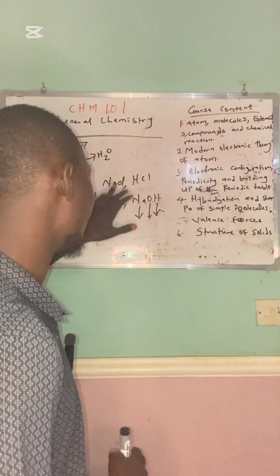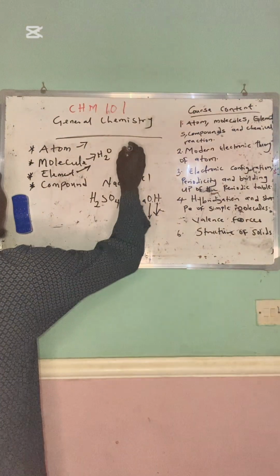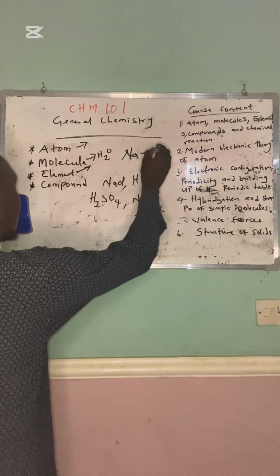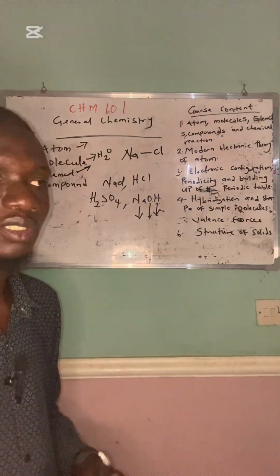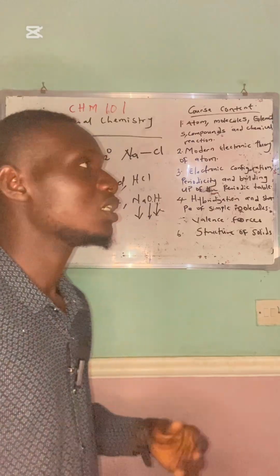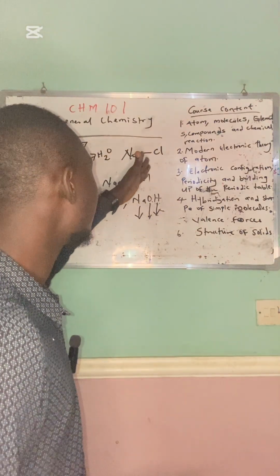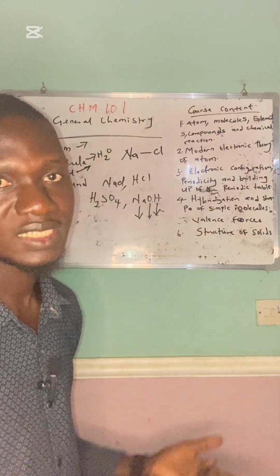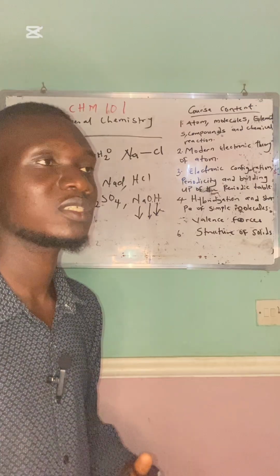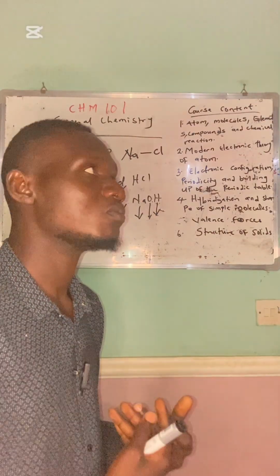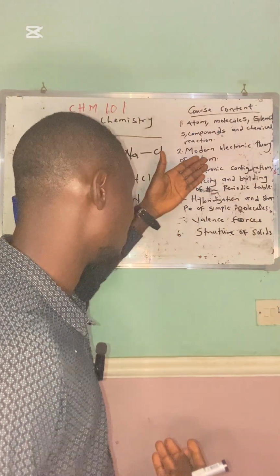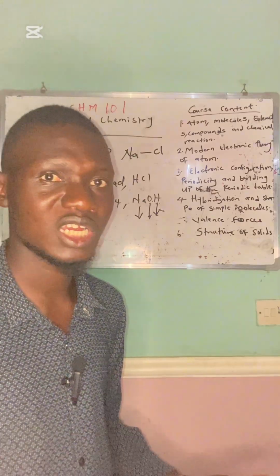So if I have sodium and a chlorine bonded together, this bond can be split. Yes, because this informs the idea of what we'll be discussing next, which is the chemical reaction.